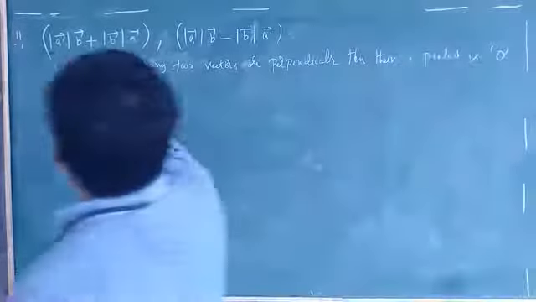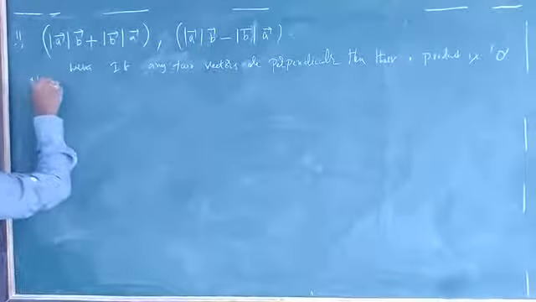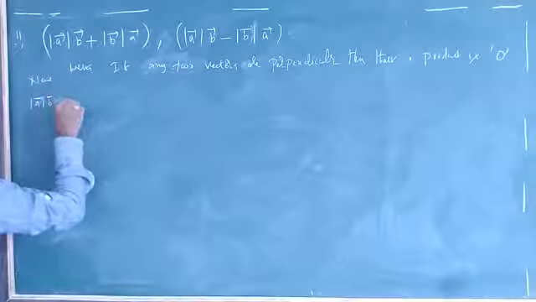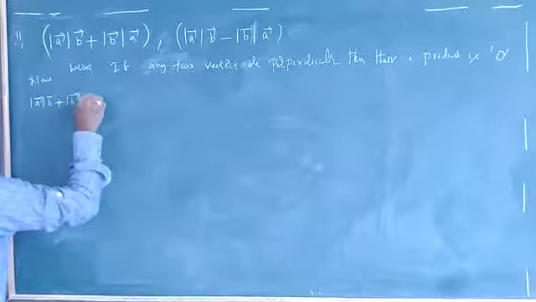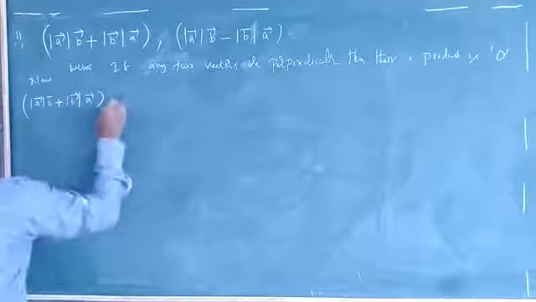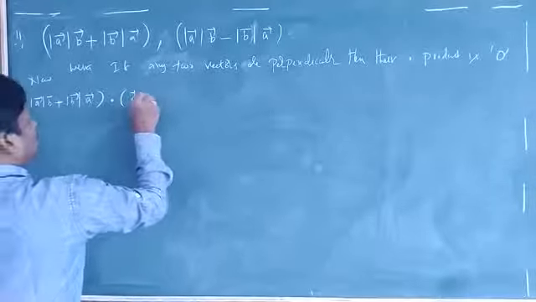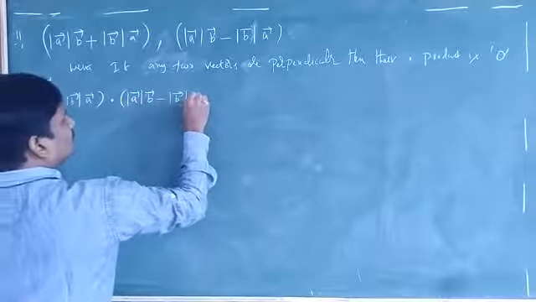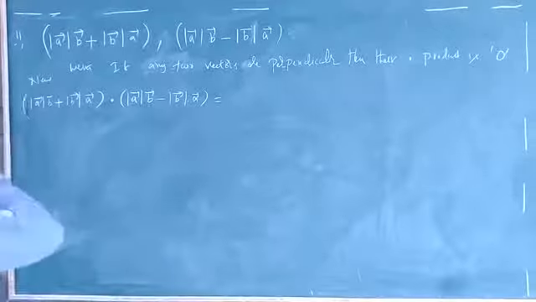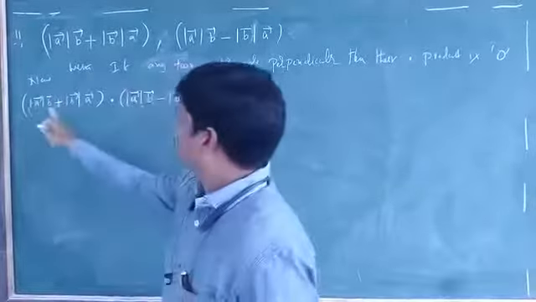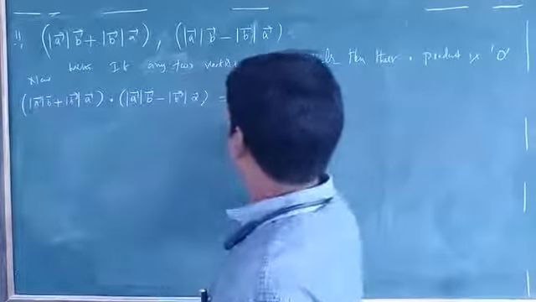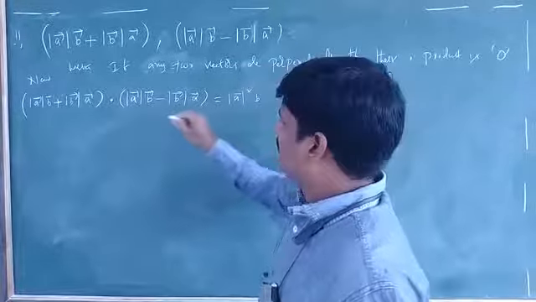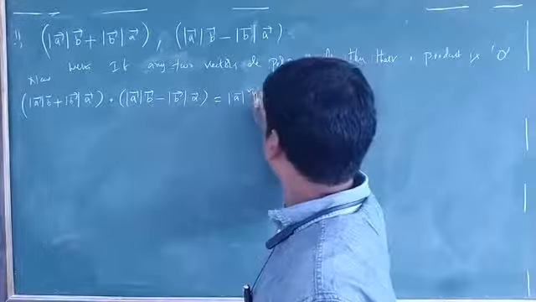So now this vector's dot product you have to find. Mod a bar into b bar plus mod b bar into a bar, dot product with mod a bar into b bar minus mod b bar into a bar. Multiply: first one into second one, same. Mod a into mod a bar square, b into b, mod b bar square.